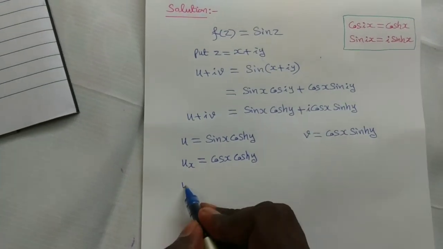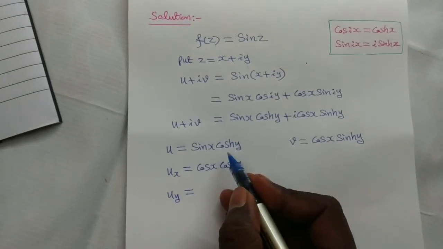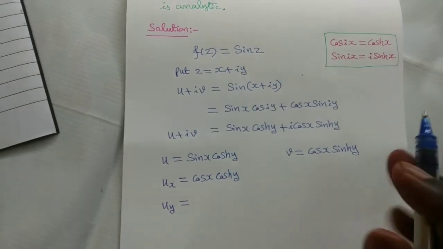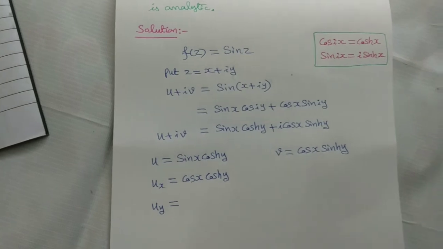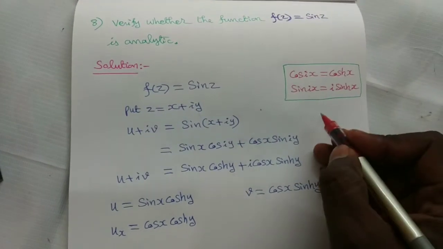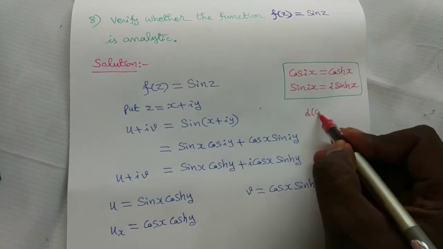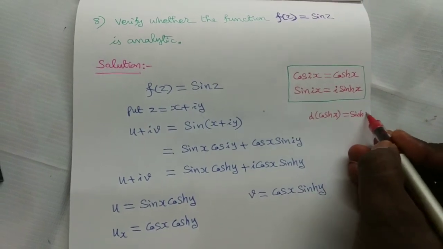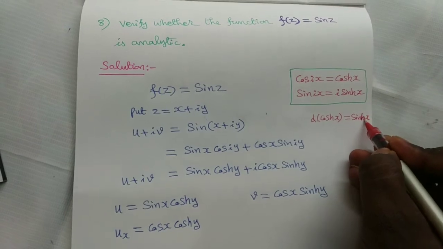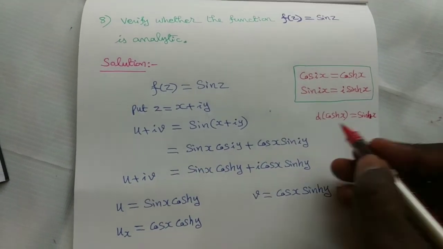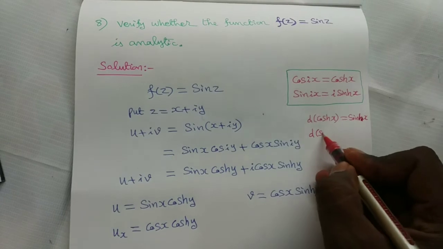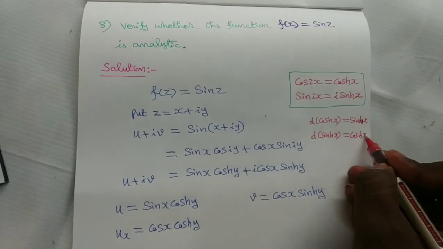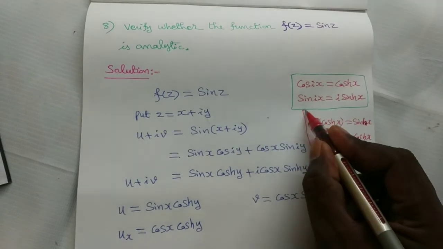And then I want uy, cosh y differential. You see, this is a hyperbolic function. The derivative of cosh y is only sinh y. The derivative of cosh x is only sinh x. This h represents hyperbolic function, don't treat it as a constant. And the differential of sinh x is cosh x. So no negative term will come here.